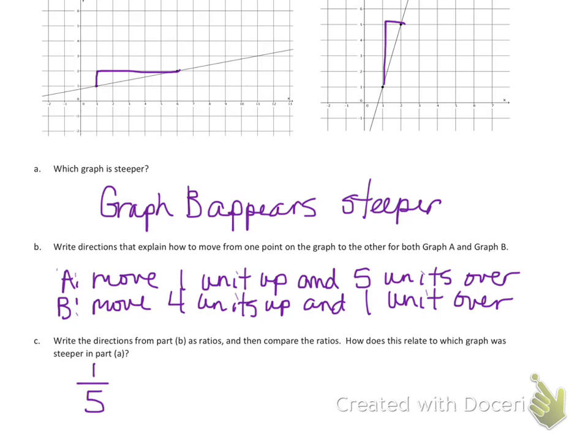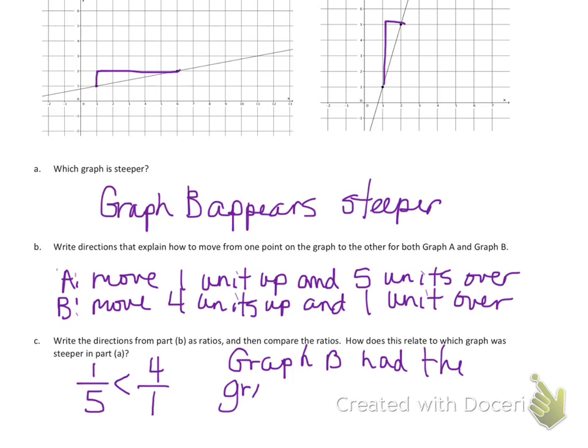And for graph B, the ratio is 4 to 1. Okay, so 4 to 1, clearly a greater value than 1 to 5. So graph B had the greater ratio, and is steeper.